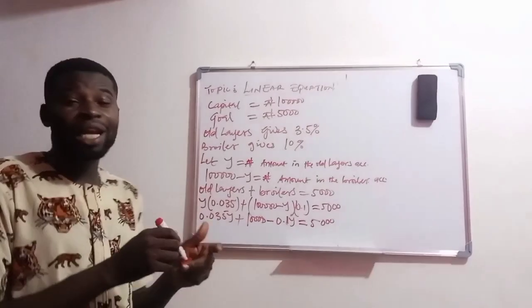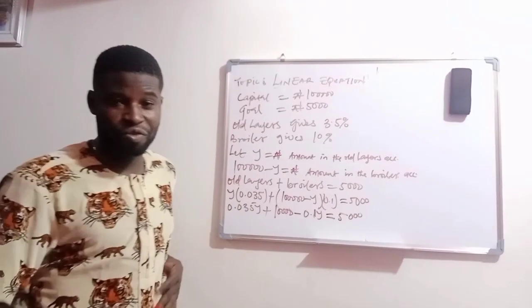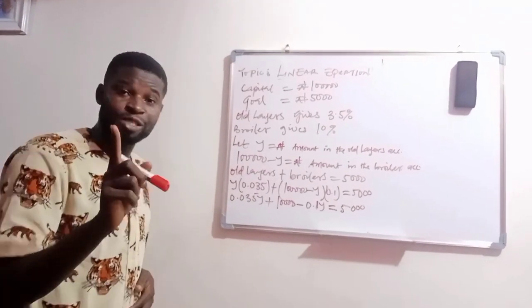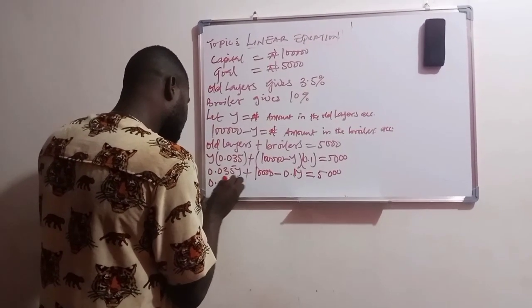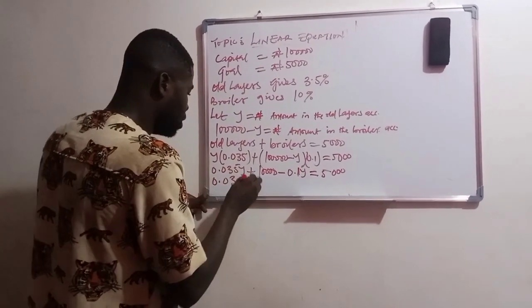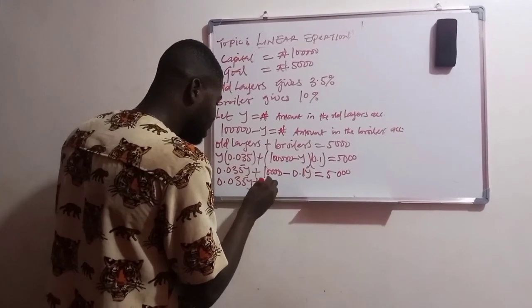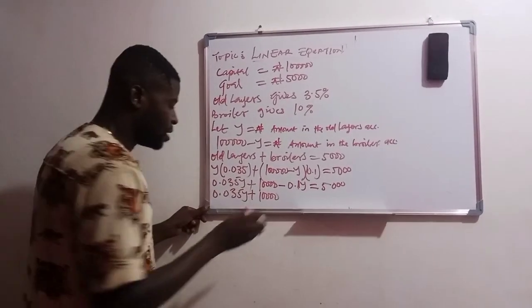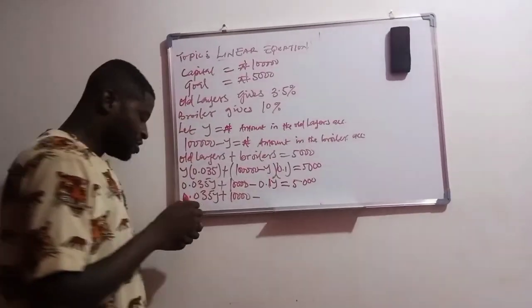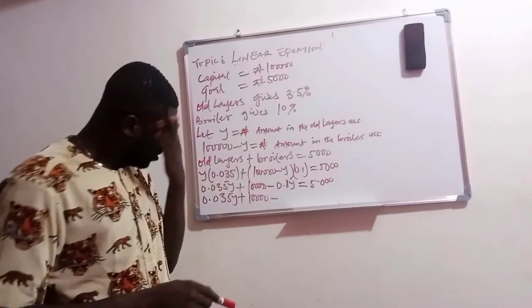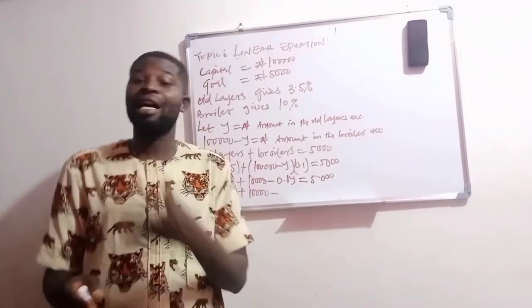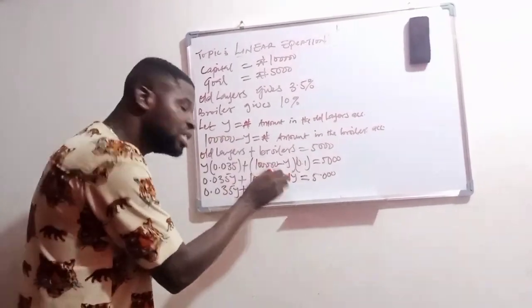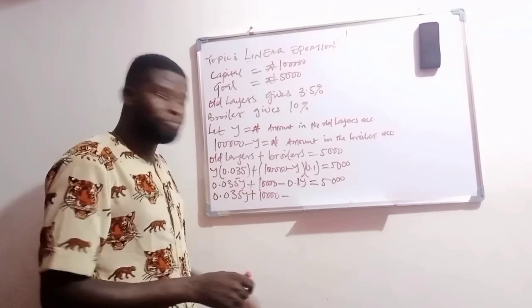Now, there is something I want to show you for clarity purposes. 0.035y plus 10,000 minus, some of you will be like, why are you writing 0.1y? Is it advisable? I left this here for a purpose. Now let's put it right.